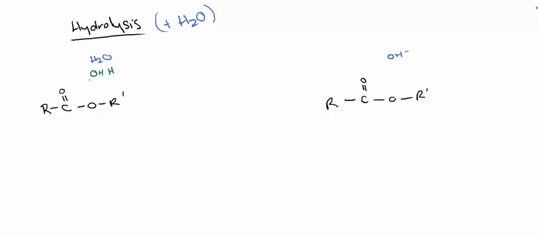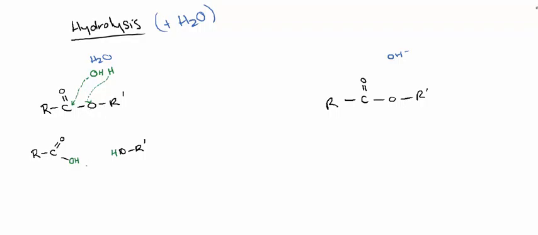When we've got hydrolysis and we're adding a H2O molecule, essentially we can think of the H2O as an OH and an H. We're going to attach the OH to our carbon. It's going to give us a carbonyl, and that hydrogen will attach to the oxygen.